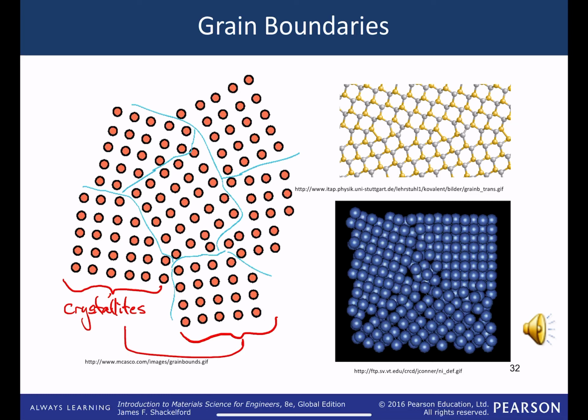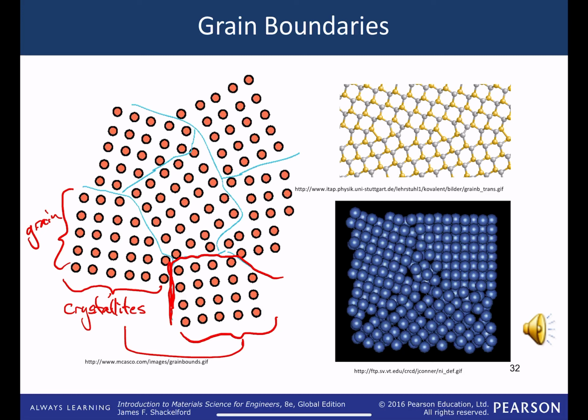Here. And so the boundary between the two is known as the grain boundary. So a crystallite, therefore, is also called a grain. And obviously the boundary between grains is the grain boundary.